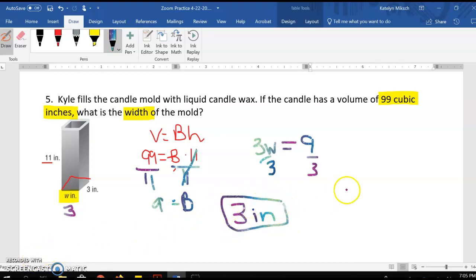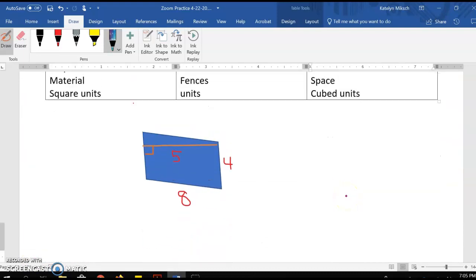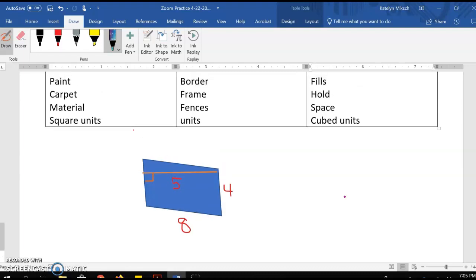Now I wanted to talk about one more problem that was on the Khan Academy practice. It was a parallelogram. It looked kind of like this, and as we know, to find the area of a parallelogram, it's going to be the base times the height. When we're talking base, we have to imagine that the parallelogram is sitting on a table.